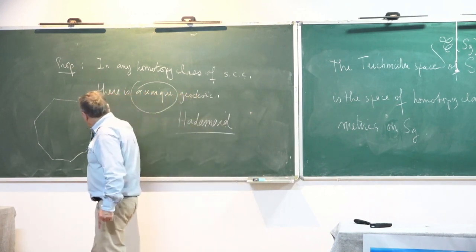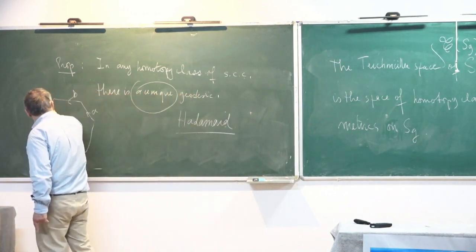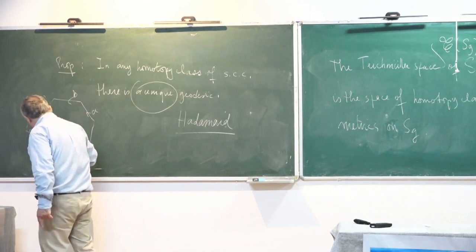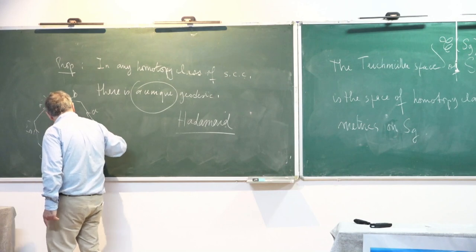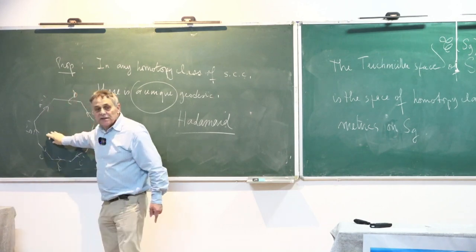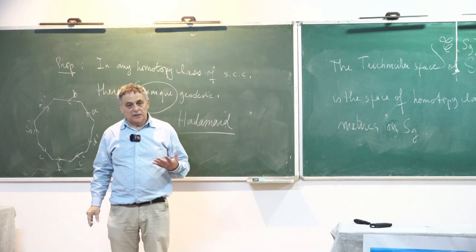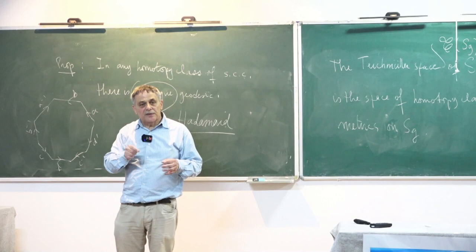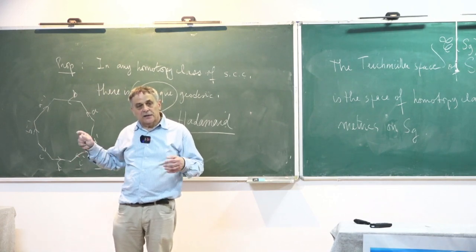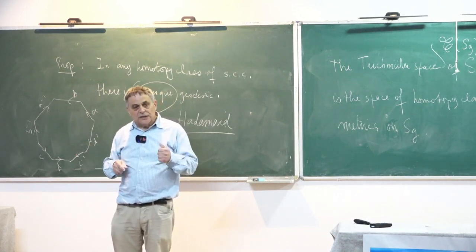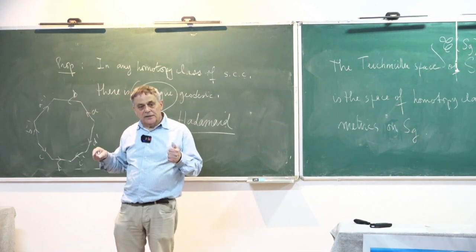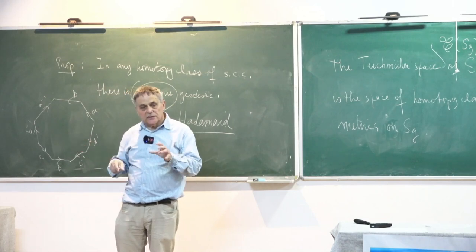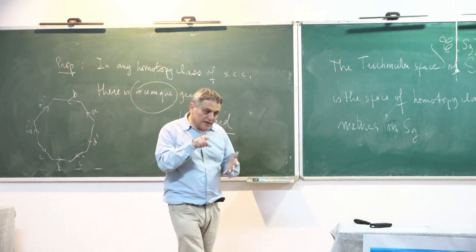So this is A, B, A inverse, B inverse, C, D, C inverse, D inverse. If you do this product, then it bounds a disk. It's homotopic to a point. So for a general surface, it is a group with generators A, B, C, D, E, F, and one relation, A, B, A inverse, B inverse, C, D, C inverse, D inverse, etc. The resulting product is null homotopic.